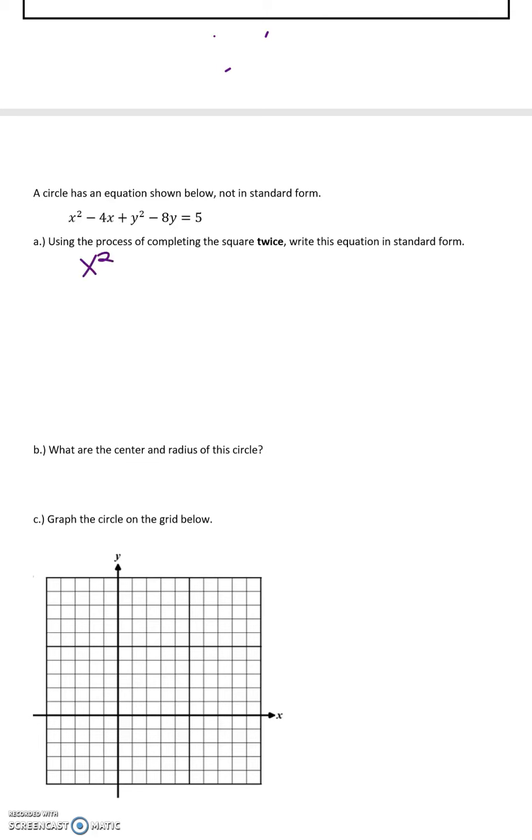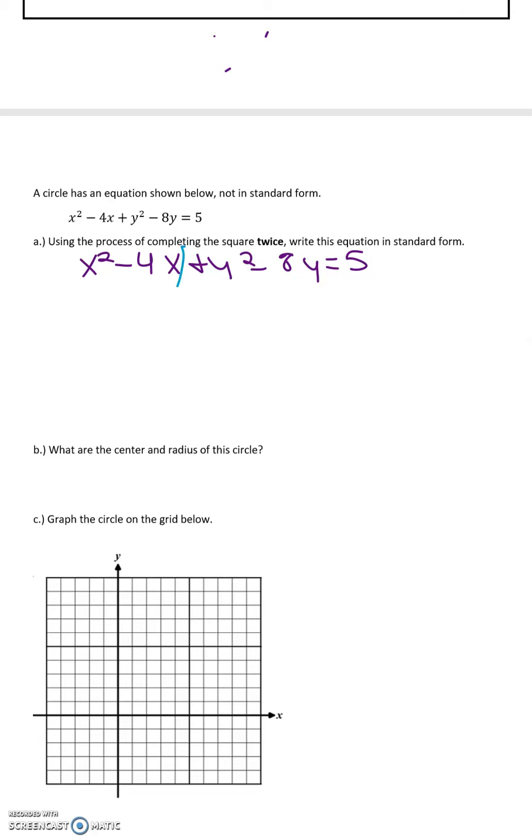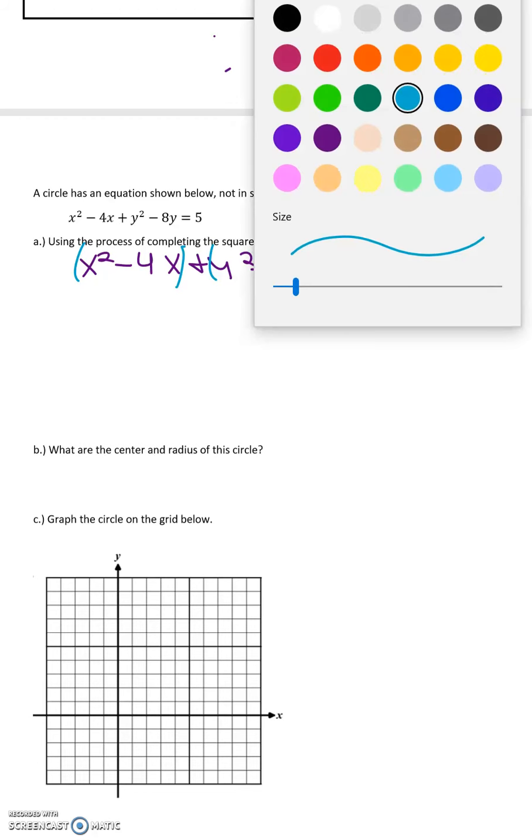What we want to do is group the two x terms together and the two y terms together. So we're going to complete the square for both of these groupings we just made.